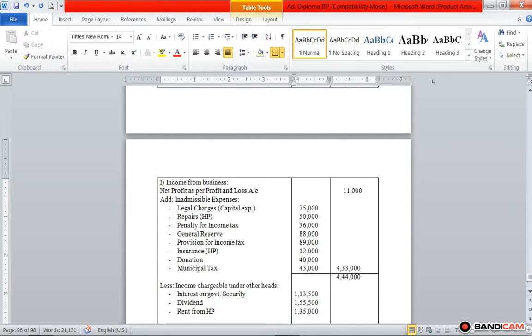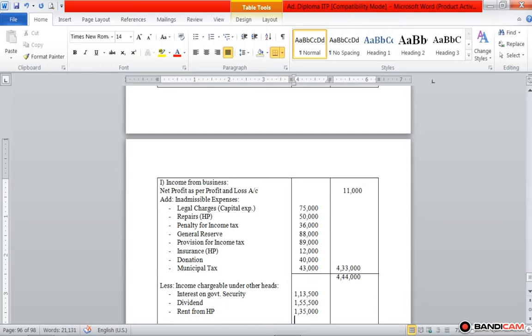So here the total is equal to 1,13,500 plus 1,55,500 plus 1,35,000.